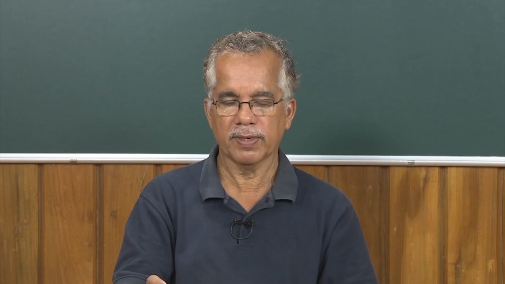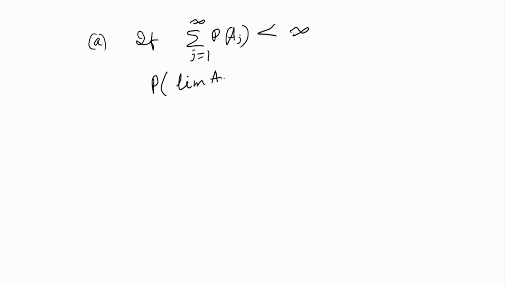What are the two parts? Let us recapitulate. The first one is that if the summation of P(A_j), j going from 1 to infinity, is converging, then the probability of the event limsup of A_n as n tends to infinity is equal to 0.